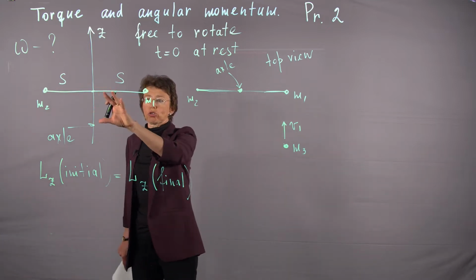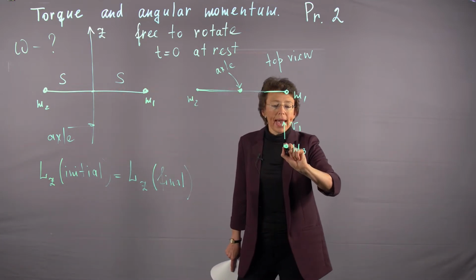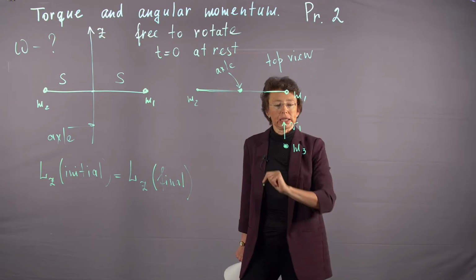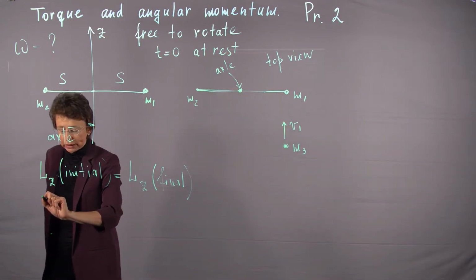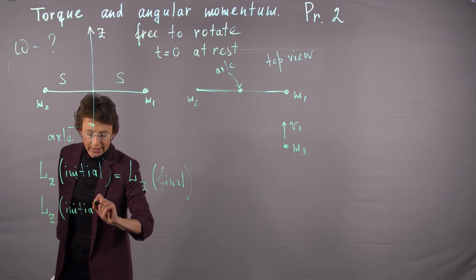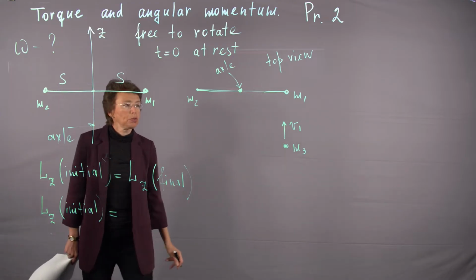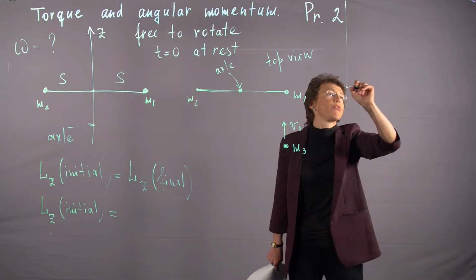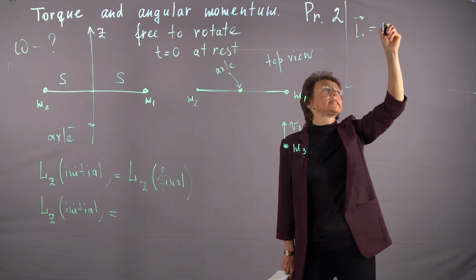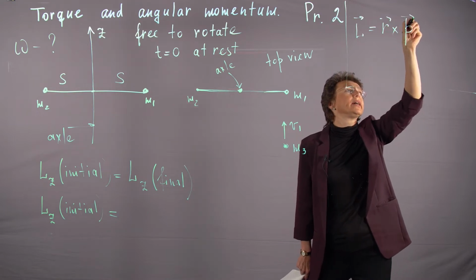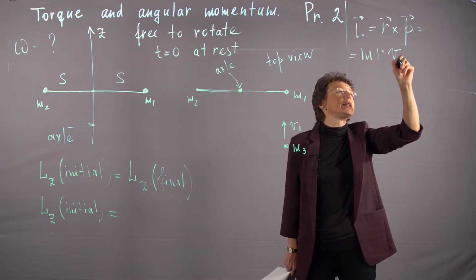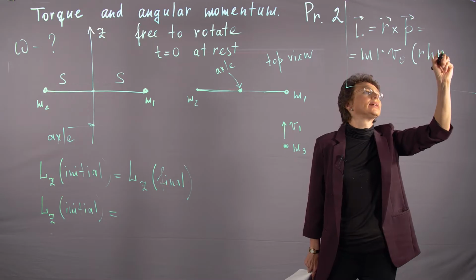So the system was at rest. I have non-zero angular momentum just because block M3 is moving. So let's figure out what Lz initial is. Which formula will I use? I will write the formulas that we wrote in the previous video here. Definition of L: L is R cross P, or it is m R v theta, and it obeys the right-hand rule.